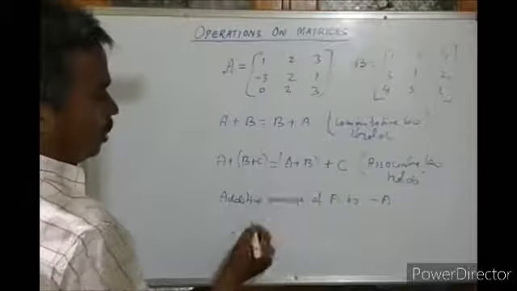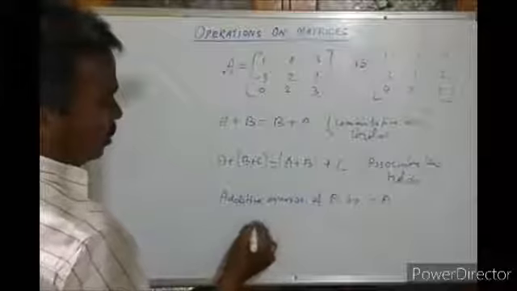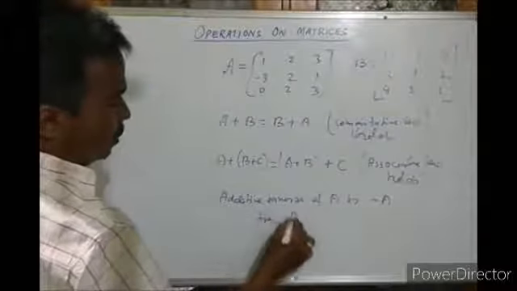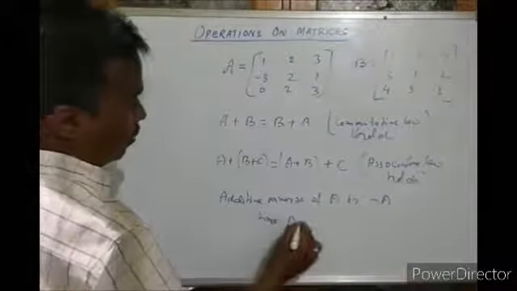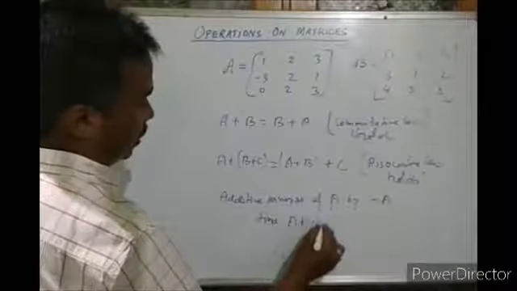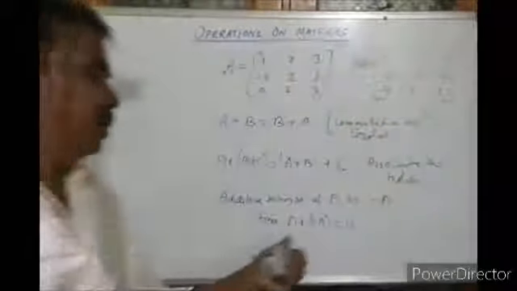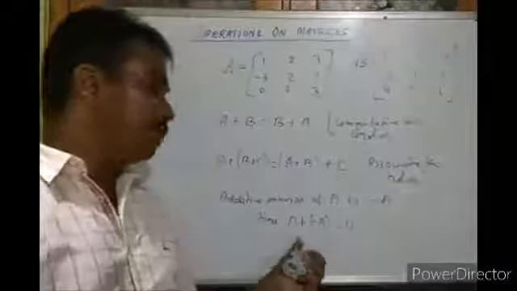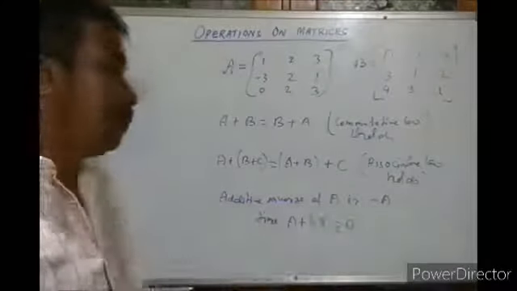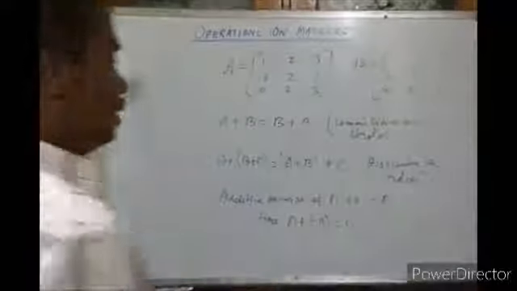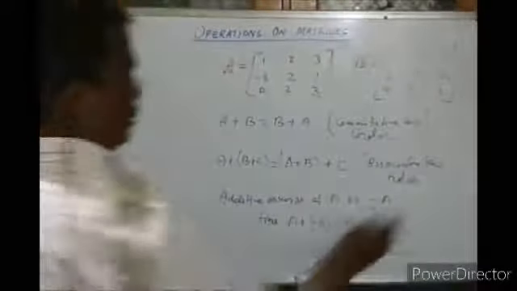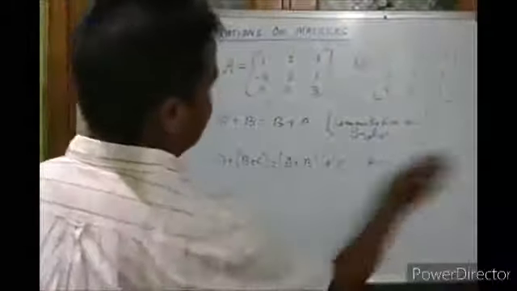Additive inverse of A is minus A, since A plus minus A is equal to 0. So that's why the additive inverse of A is minus A, and identity also exists.